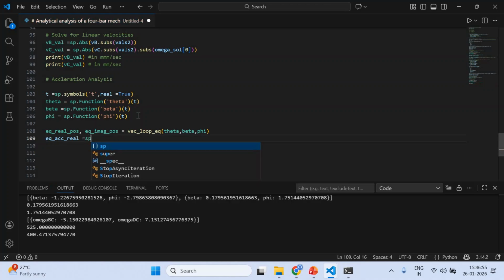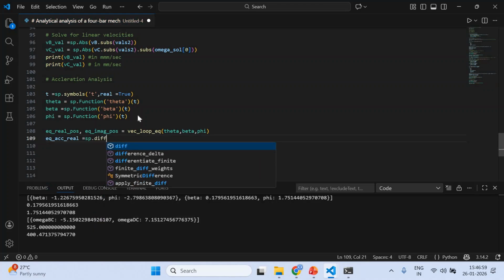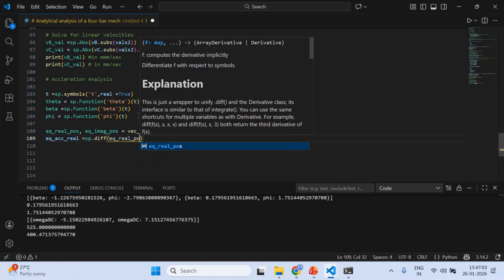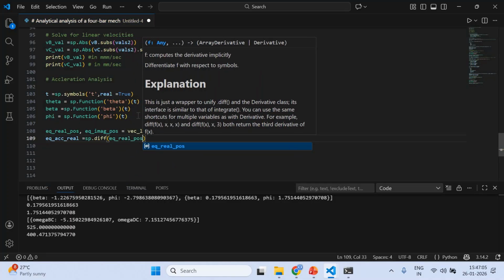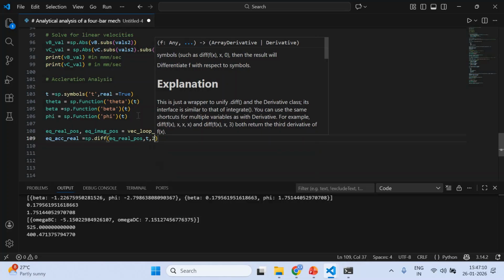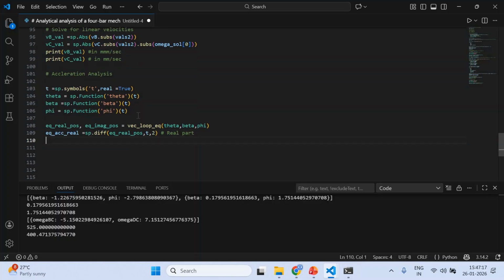This is again sp dot diff, right, and equation underscore real underscore position. And now we are differentiating twice, so it will be comma t comma 2. So this will be my real part. Then again let us differentiate the imaginary part.